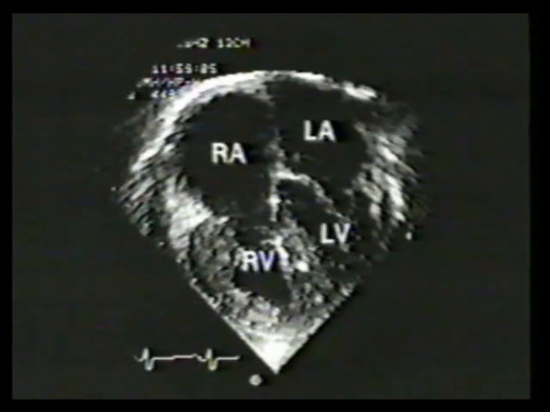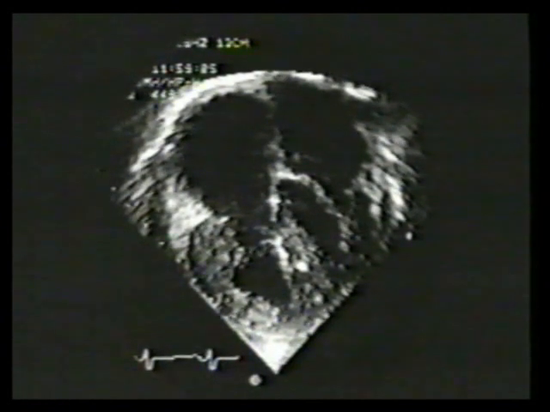Having detailed the versatility of Doppler for characterizing right ventricular and pulmonary artery pressures, we will now discuss the 2D echo assessment of the secondary features of pulmonary hypertension.